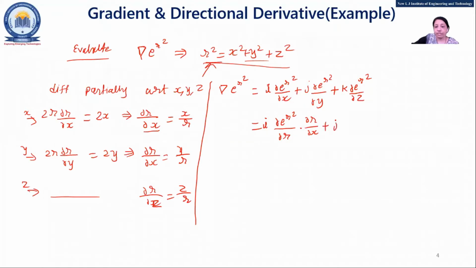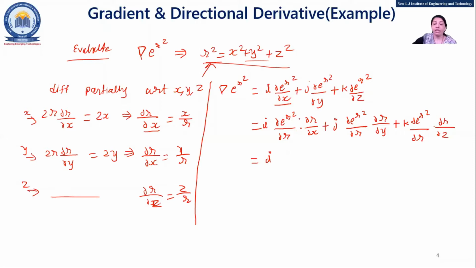Same way for the second term, ∂(e^(r^2))/∂r into ∂r/∂y. And for k also, ∂(e^(r^2))/∂r into ∂r/∂z. We have just rewritten this equation in these two steps.